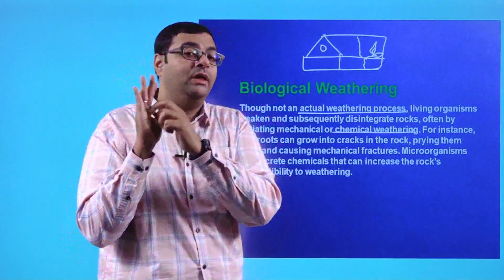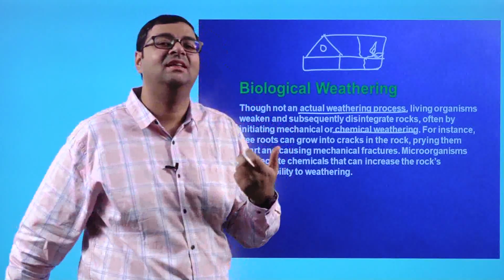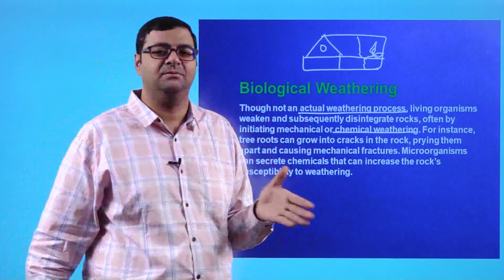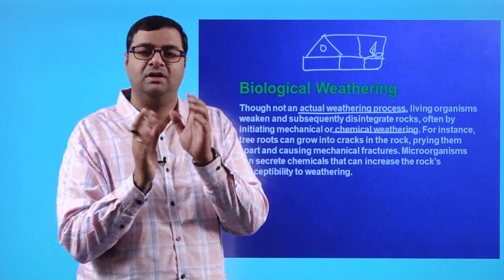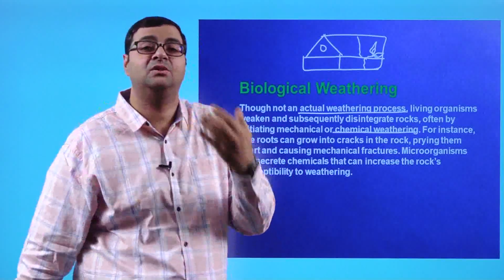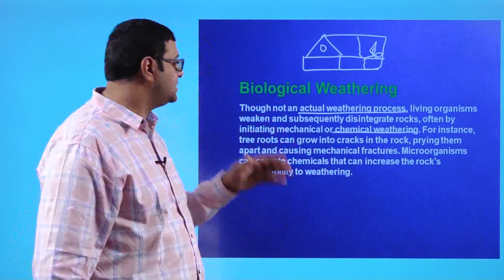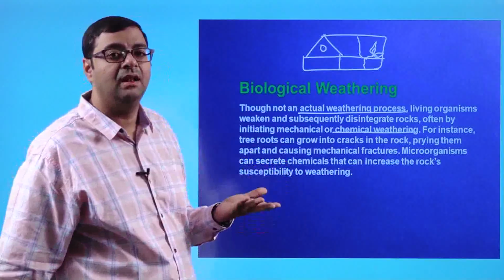When they scratch the rock, they are actually removing the soil from that particular rock, and the soil gets deposited. In order to make some small shelter for them, some organisms scratch the rock. That is basically mechanical weathering, but because it is done by a biological agent, it is called biological weathering.